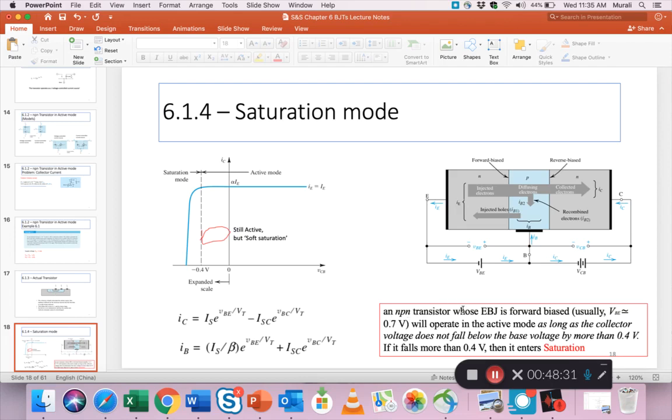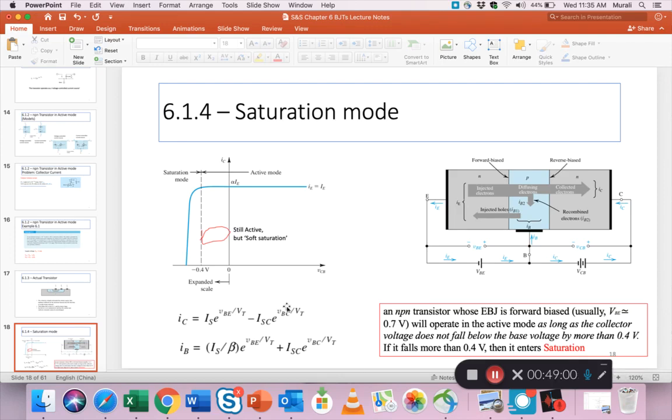An NPN transistor whose EBJ is forward biased, usually VBE is 0.7 volts, will operate in the active mode as long as the collector voltage does not fall below the base voltage by more than 0.4 volts. That means the collector voltage should not be less than this VBE by more than 0.4. If it falls more than 0.4, then the transistor enters saturation.